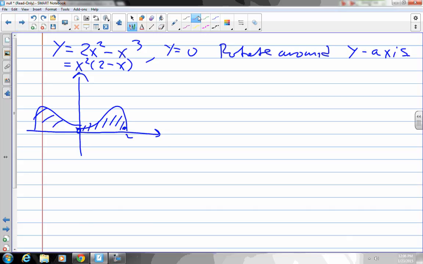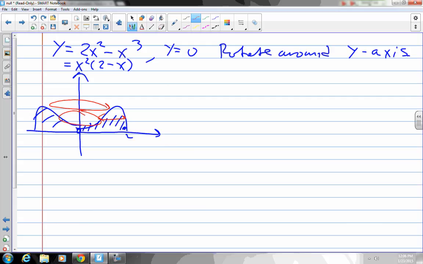So this is the rotation. You're getting kind of a wavy shape, right? So far we were rotating and slicing along the axis of rotation. When we rotate around the y-axis, we would slice it along the y-axis, right? So now, if you slice it this way, do you see a big problem with that?